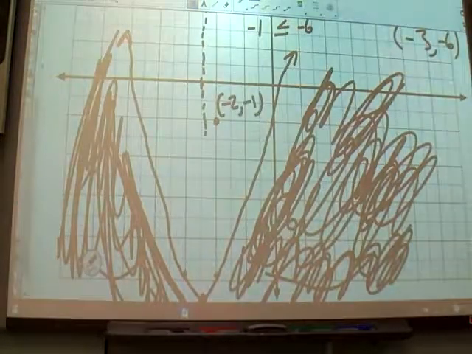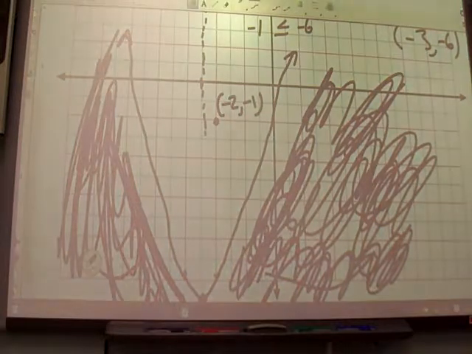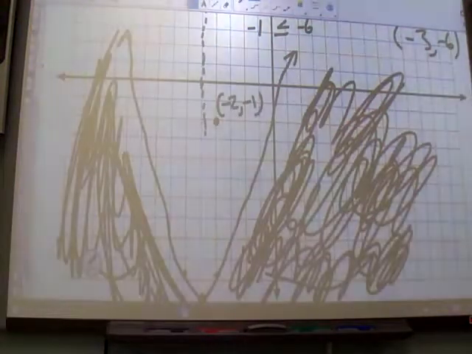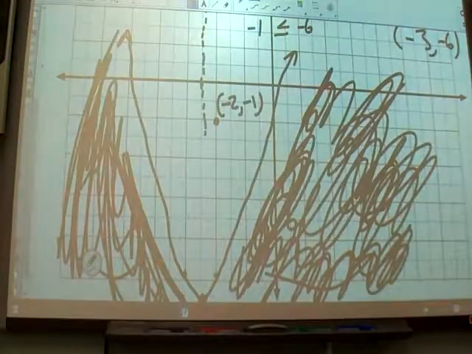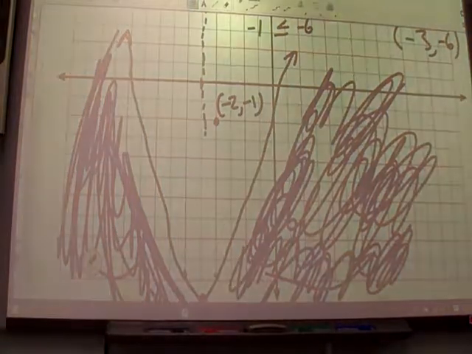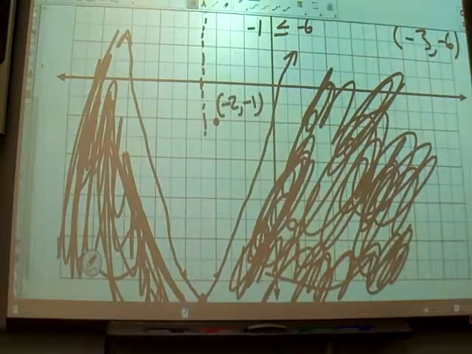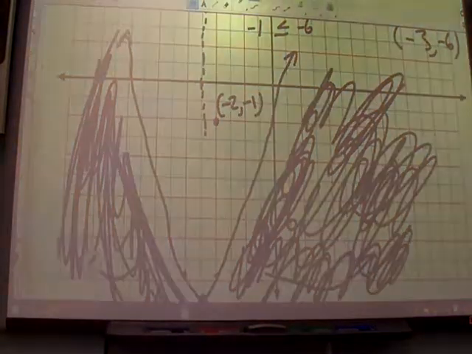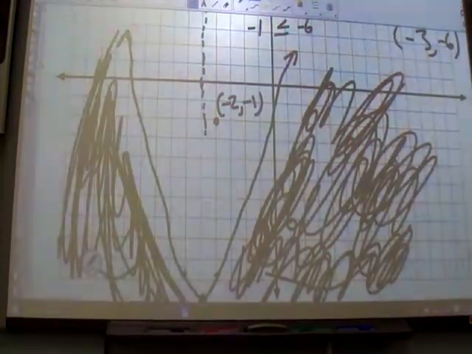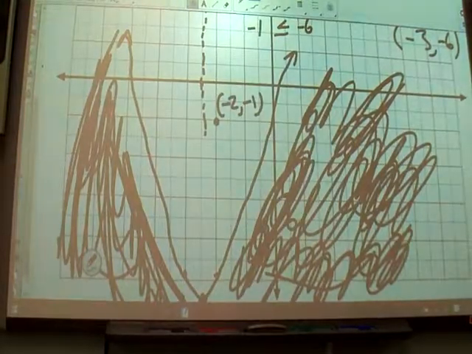You just plug numbers in, plug and chug. It's just picking a number to plug in to figure out where to shade. That was nothing new. You just have to be willing to try something and do it instead of sitting there saying it's ugly. Because it is ugly, I know. But there's nothing new involved in it.